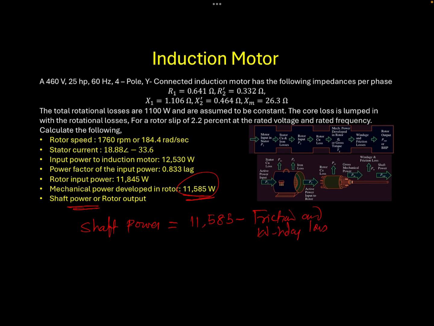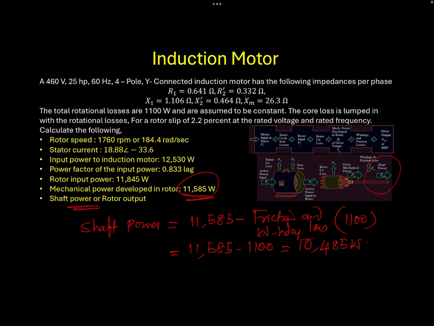It is given in the problem that these losses are 1100 watts. So 11,585 minus 1100 watts gives 10,485 watts as the ultimate output we are getting from the rotor. That is the power we are getting at the shaft. So now we know the shaft power output.